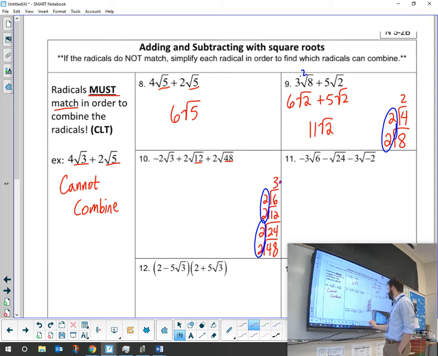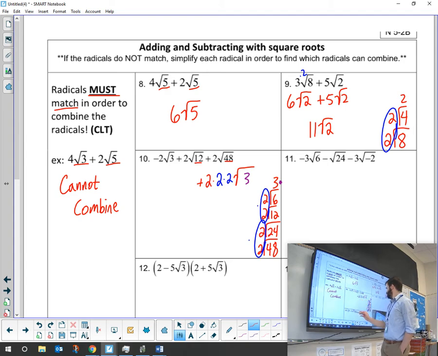We already have a 2 on the outside, but we're going to put another 2 on the outside and another 2 on the outside, and keep this 3 on the inside. So there's this first one: 2 times 2 times 2 times 2 times the square root of 3.